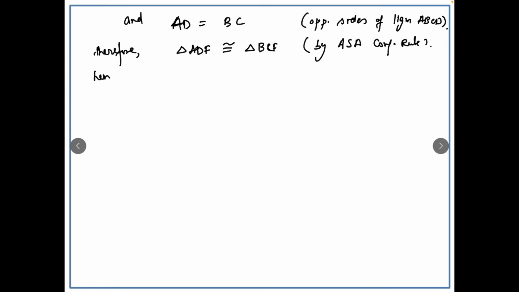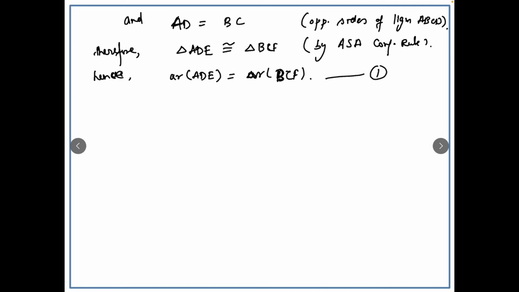Hence, as we know, if two triangles or any two figures are congruent, then their areas will also be equal. Therefore we can say, hence, the area of triangle ADE will be equal to the area of triangle BCF.